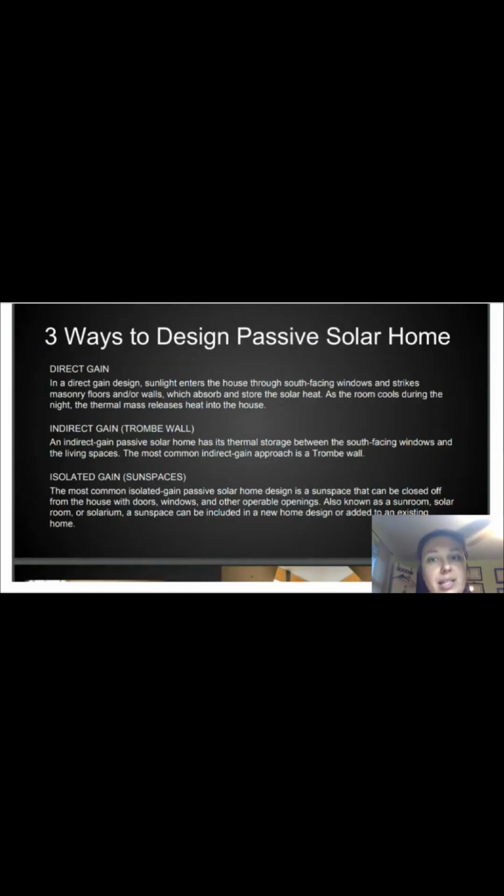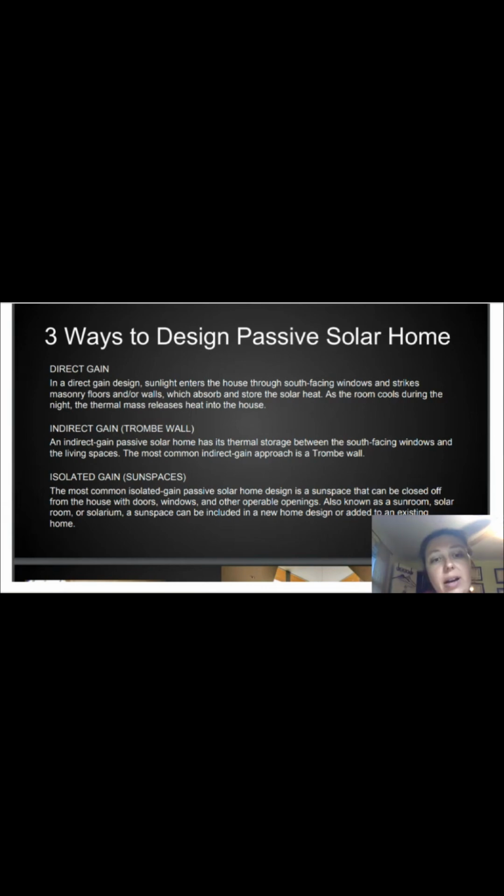3 ways to design a passive solar home. Indirect gains. This is where I'm using things like south-facing windows to take advantage of my heat and its ability. Direct gains, these are some type of structure or some type of thing I am adding onto my home to maximize my heat energy, whether it be that indirect gain by building that little greenhouse type structure, or putting in a Trombe wall, or putting in some type of thermal mass item that's taking advantage of heat.